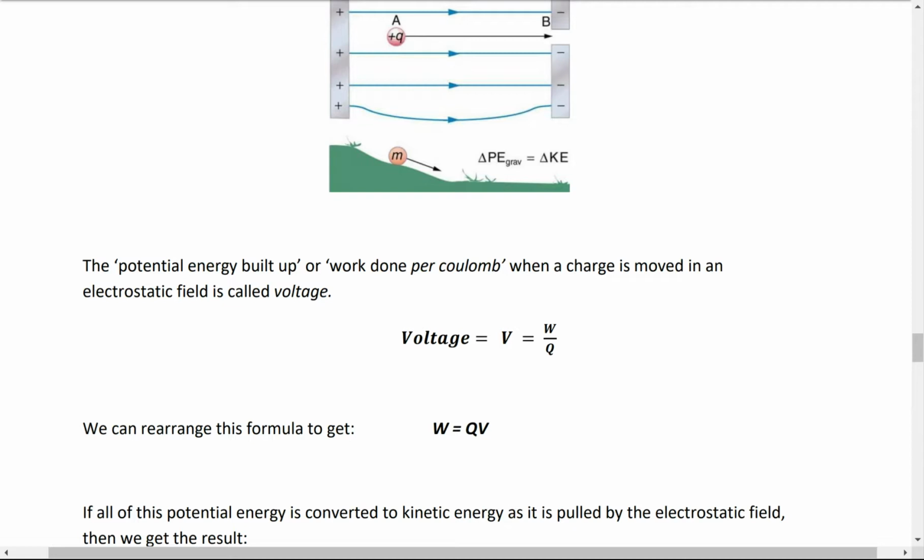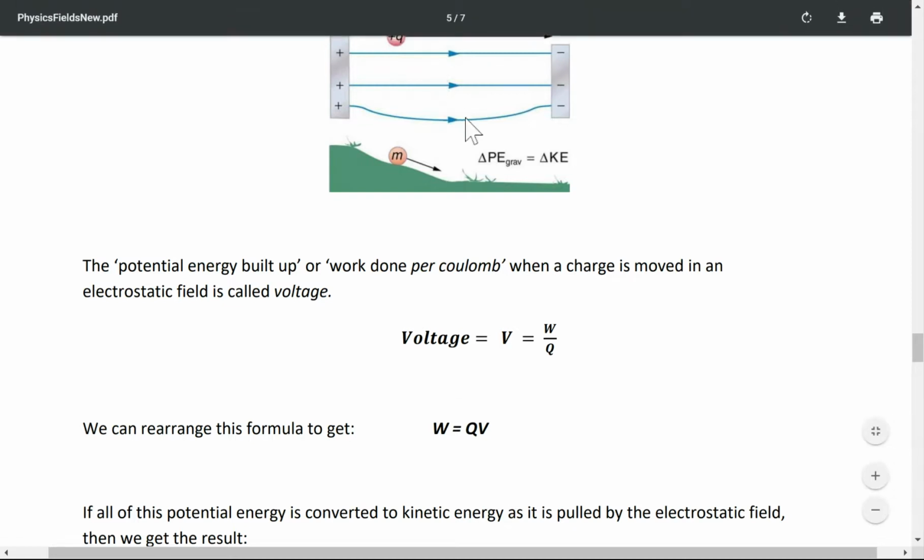When the charge is moving in an electric field, it's the work done per charge, per Coulomb. If you rearrange that formula, work or energy, same thing, is now charge by voltage. So we have a formula for the energy. This is the equivalent of your potential energy in gravity, really. It's the energy due to an electric field.